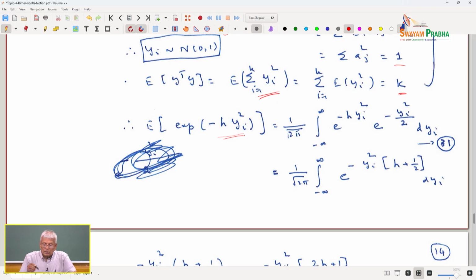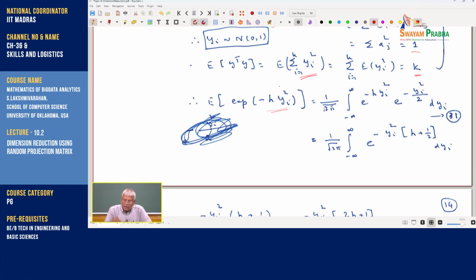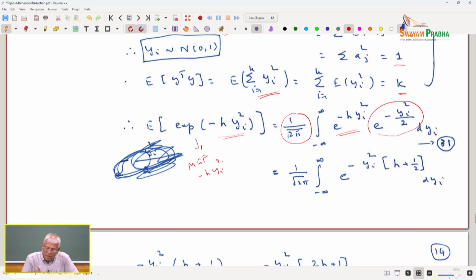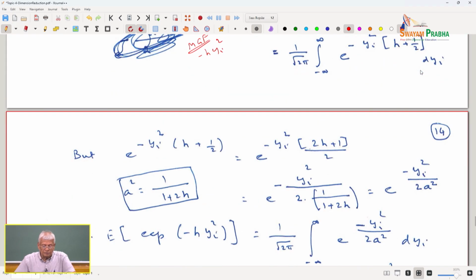yi's are essentially normally distributed. So this is the normal distribution along with the quantity, and I'm taking the expected value of that. So what is this? This is the moment generating function for the random variable minus h yi square. I'm computing the moment generating function for the square of the normal random variable.